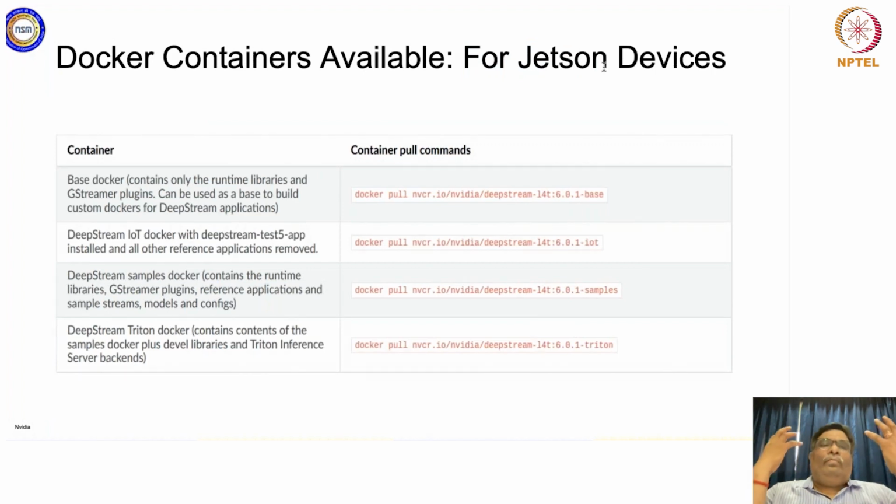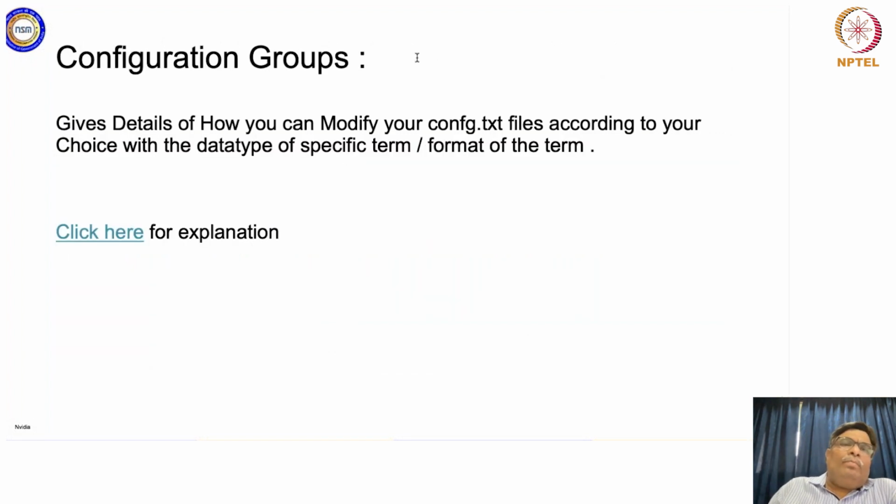Jetson devices require Dockers which are small in size as compared to Docker containers which run for discrete GPUs. You again have a base Docker, an IoT Docker, a Triton Docker, and a sample Docker here as well.